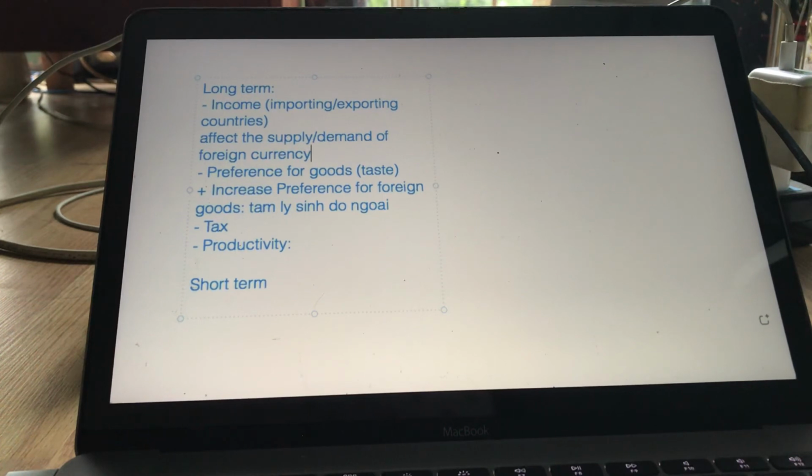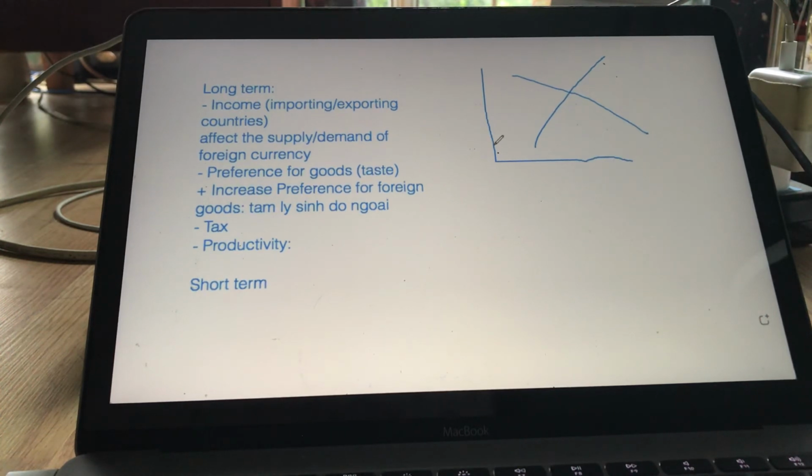Okay, the income increases or income decreases, and then we analyze or justify whether such movement affects the supply and the demand of the foreign currency. You use the graph and you make an analysis.